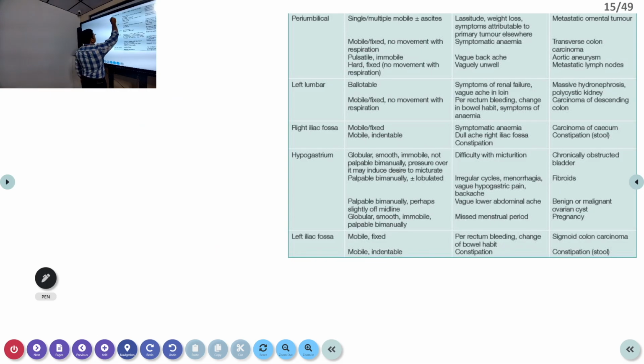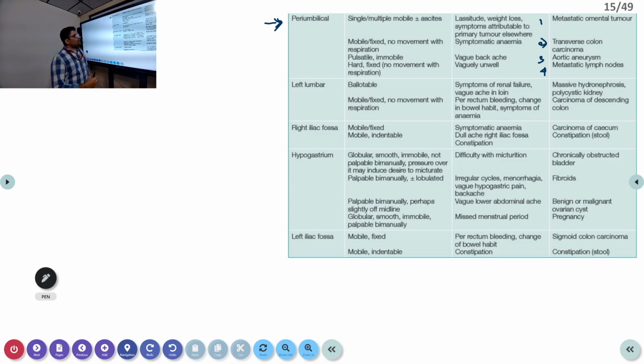Next is the umbilical area. All the 9 quadrants we will discuss. So what are some of the swellings you can see? Omental or metastatic omental tumors, or mesenteric cyst, which we already discussed. Then the transverse colon, abdominal aorta and metastatic lymph nodes can also be there.